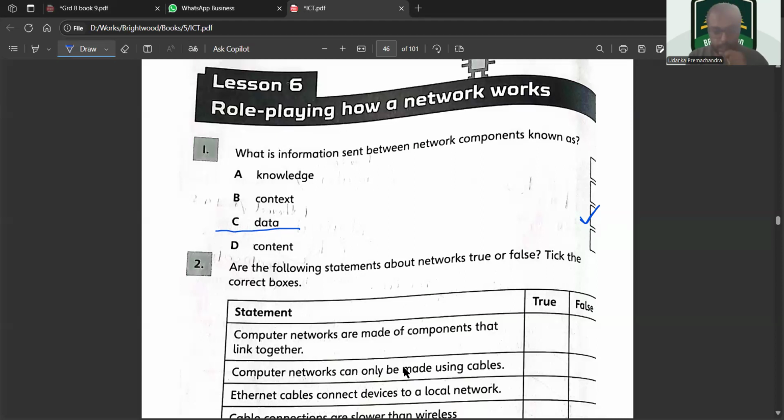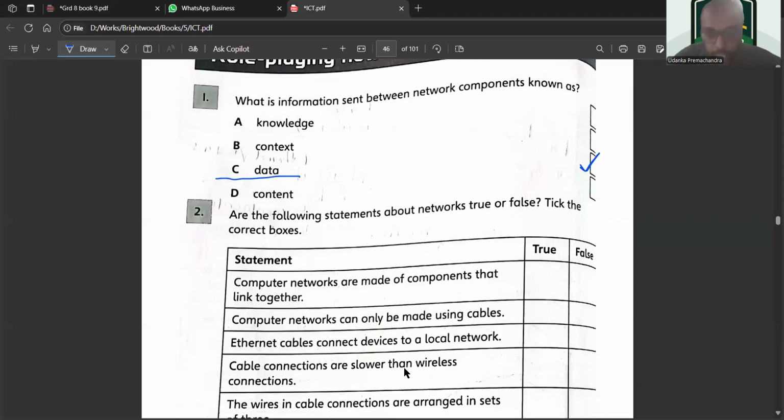Okay, yes, right. Continue with the next one. Next thing.